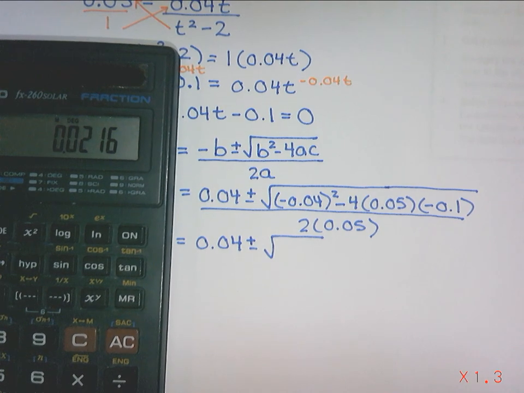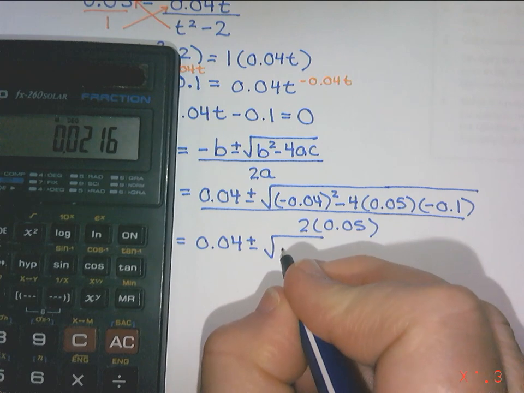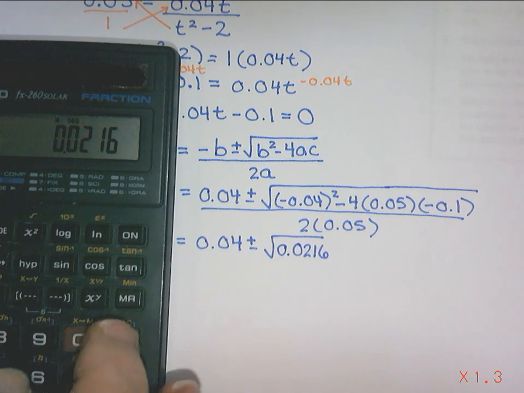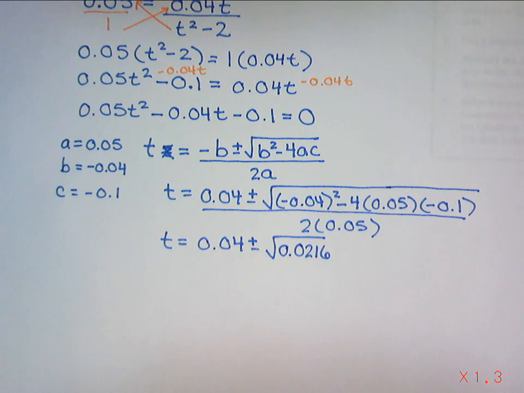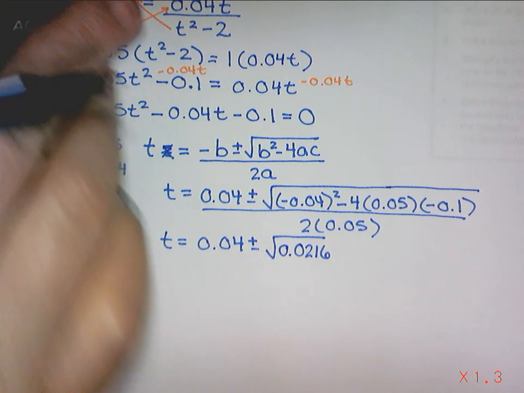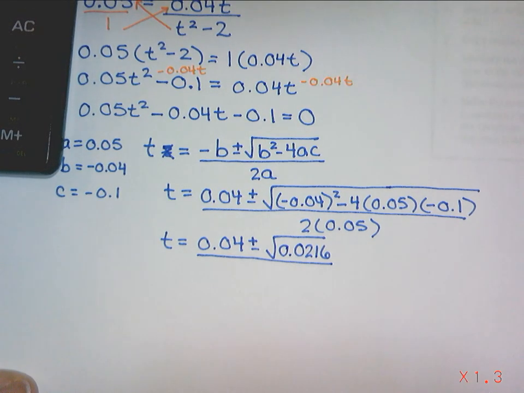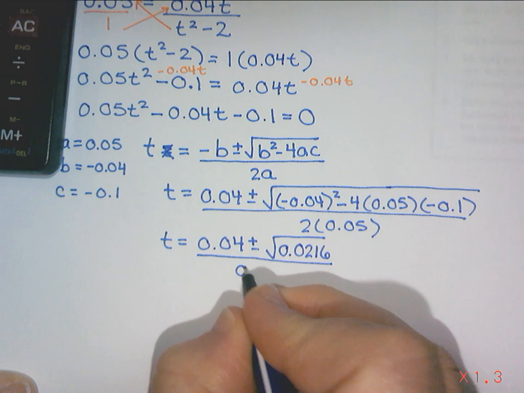And I got 0.0216. And I am just going to double check to make sure. Yep, got the same answer a second time. And then in the denominator, 2 times 0.05 is 0.1.